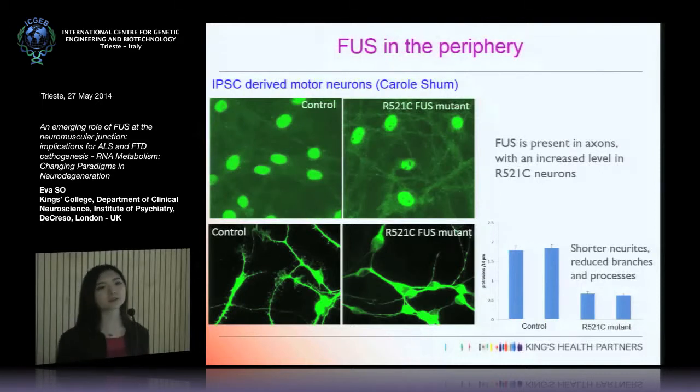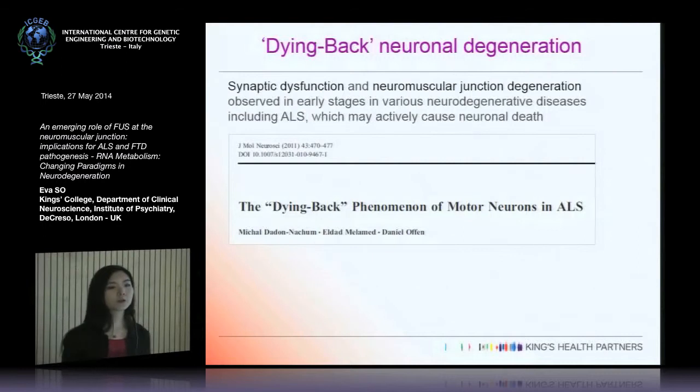So this suggests that FUS has a function in the dendritic spines, and maybe FUS mutation causes some dysfunction in the synapse. In ALS and also some other neurodegenerative diseases, dysfunction in the synapse and also the peripheral neuromuscular junction have been observed in very early disease stages before the onset of symptoms and loss of motor neurons.